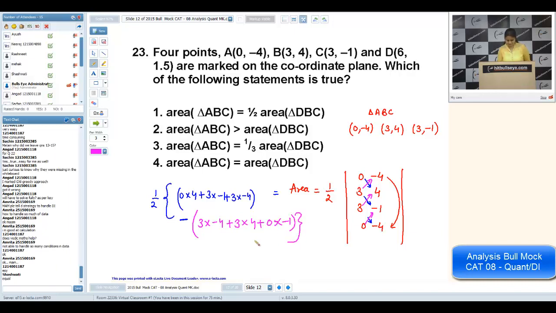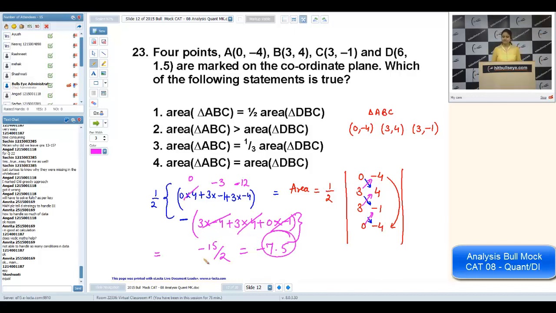That will be equal to, now you can see these two are cancelled. This is 0 only, this is 0 only, this will be minus 3 and it will be minus 12. So it comes out to be minus 15 by 2, which is minus 7.5. Since area is always positive, that's why we have used the modulus sign. So we will take it as 7.5 only.